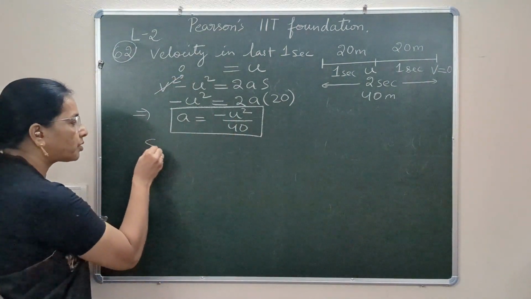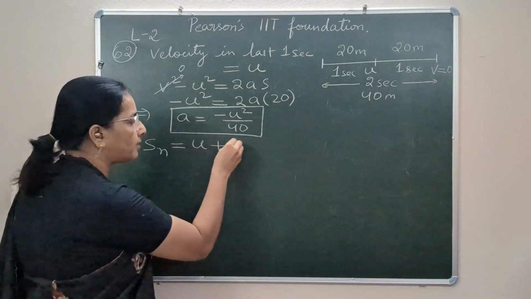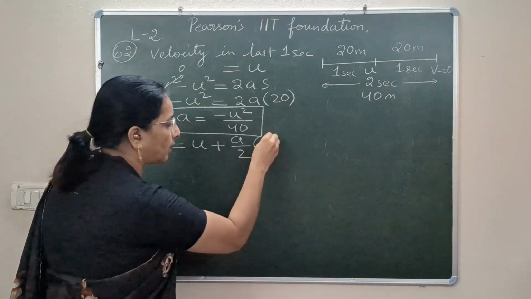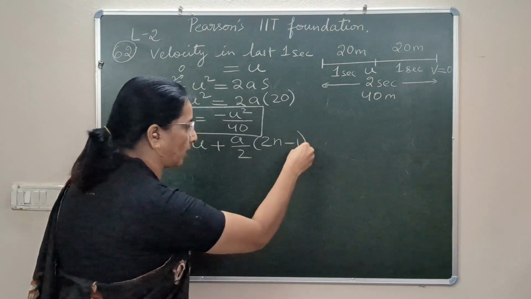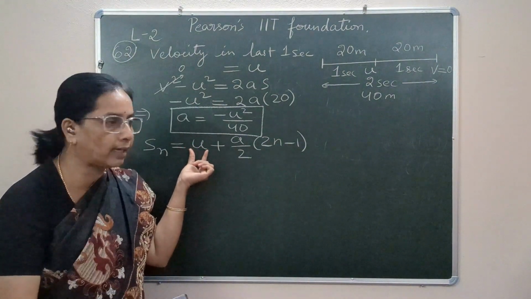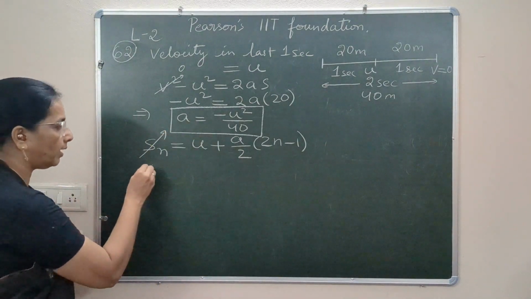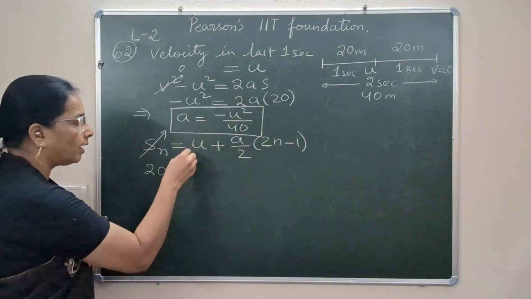Now the distance traveled by the body in the nth second is given by u plus a by 2 times (2n minus 1). Since we have to find the velocity of the body in the last 1 second, we are using this formula. The distance traveled in the last second is 20 meters.